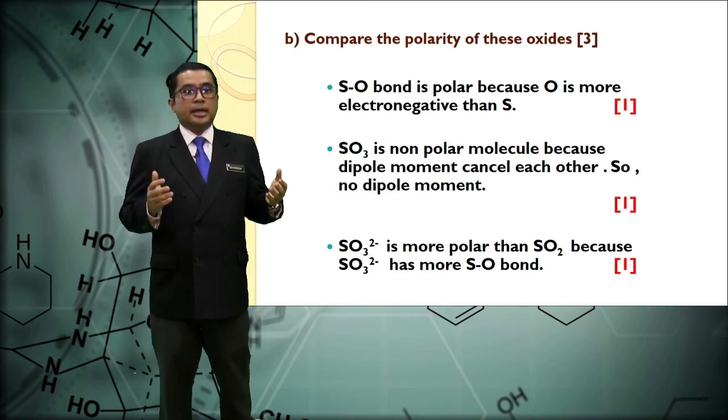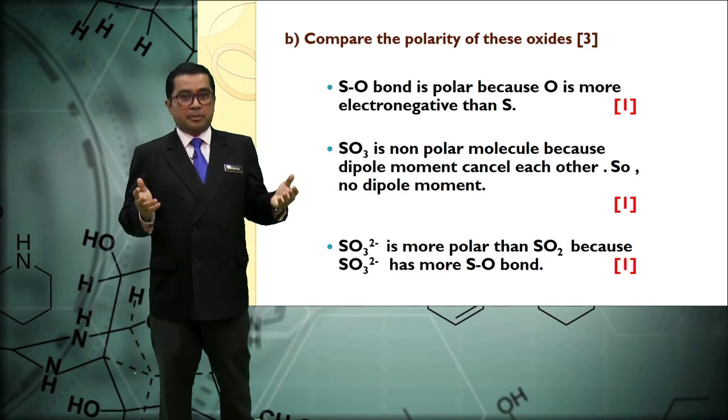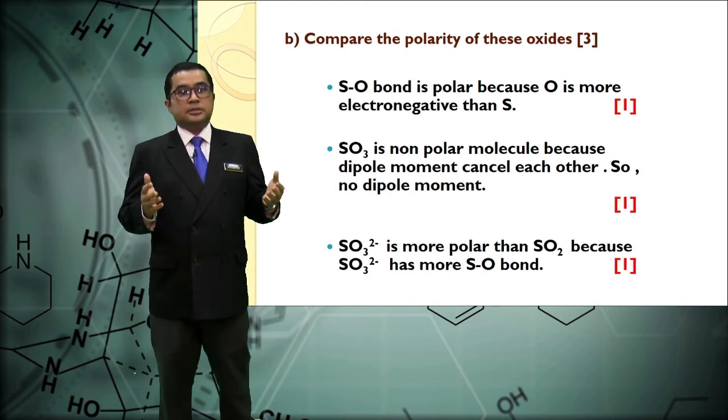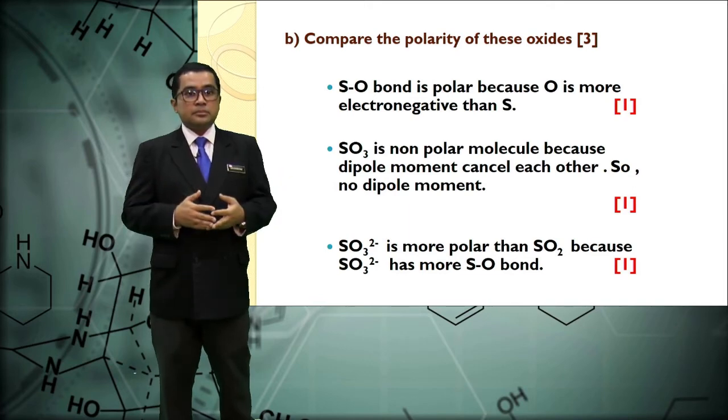Even though SO3 has polar bonds, the polar bonds cancel, or the total dipole moment cancels, so there is no dipole moment. So the SO3 molecule is a non-polar molecule.